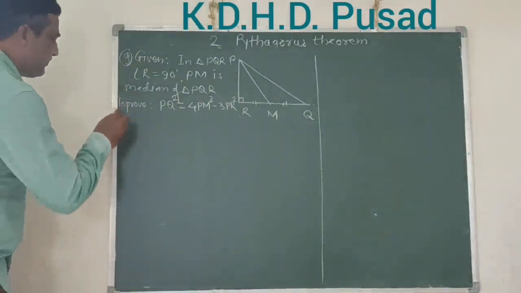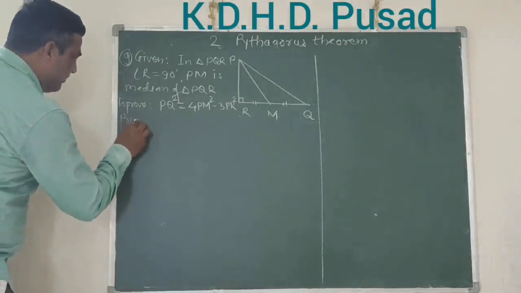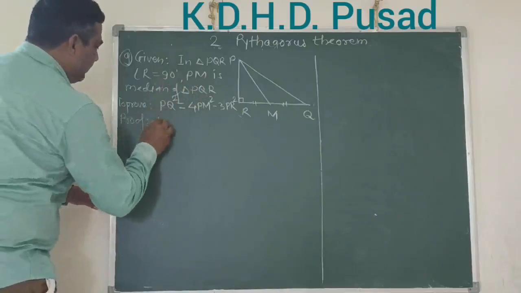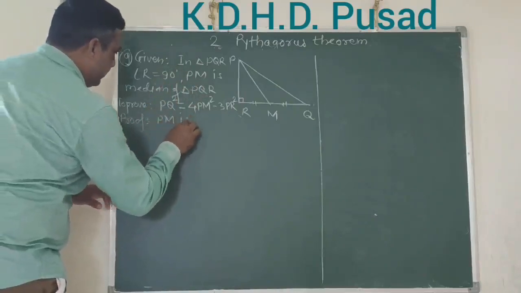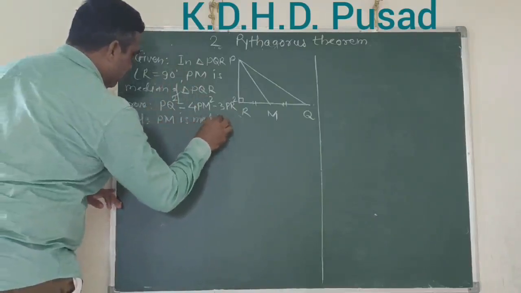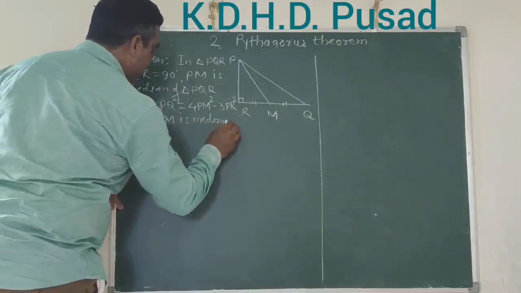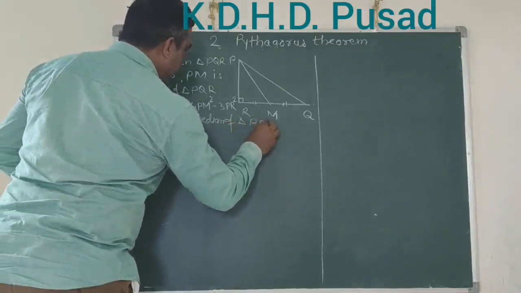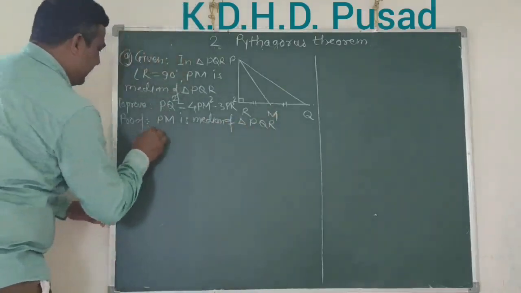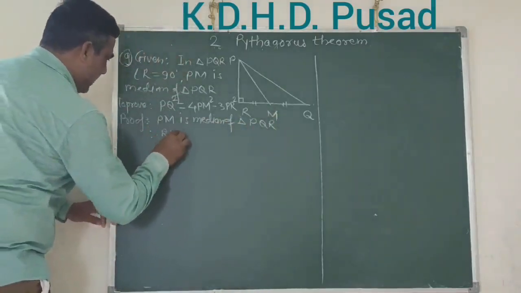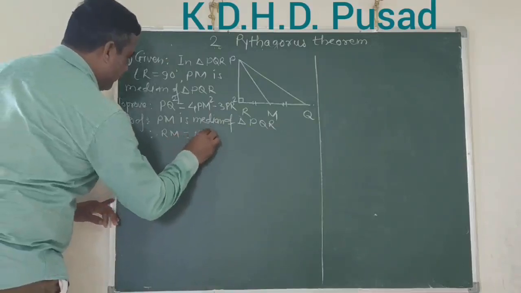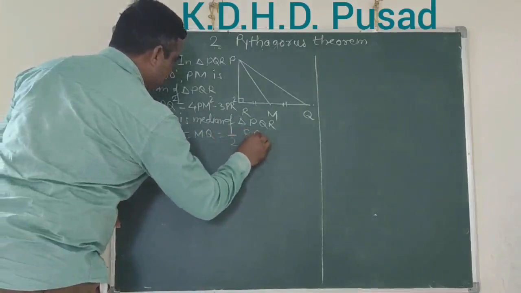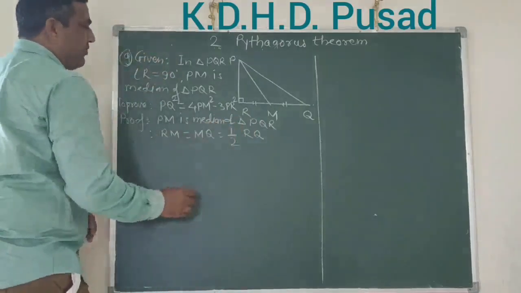So by starting proof, as PM is median of triangle PQR, therefore RM equal to MQ equal to half of RQ.